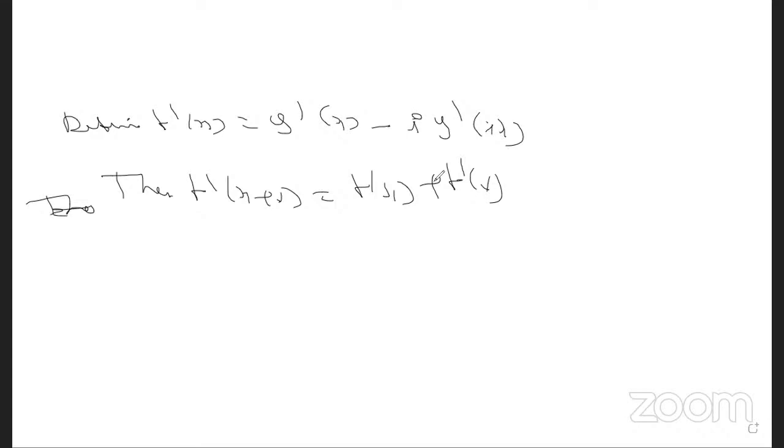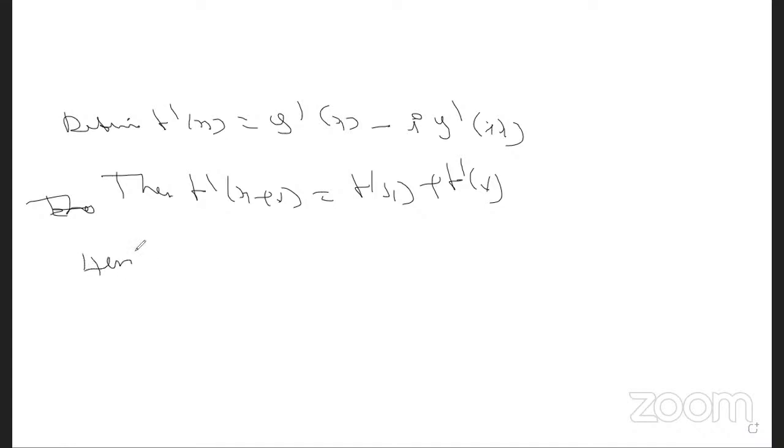So f dash of i x equals g dash of ix minus i of g dash of minus x, equals i g dash of x, that is minus i square g dash of ix, that equals i of g dash of x minus i g dash of ix, that equals i of f dash x. Hence f dash is linear on N.